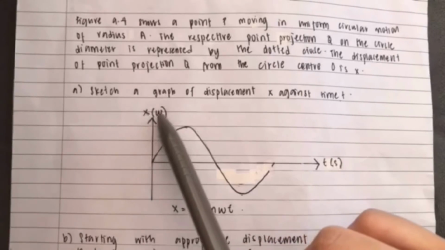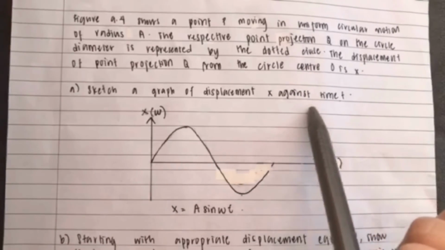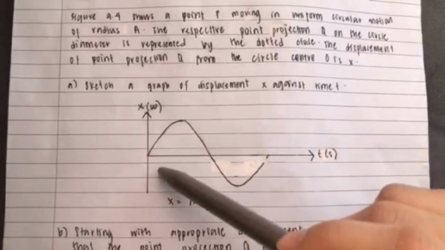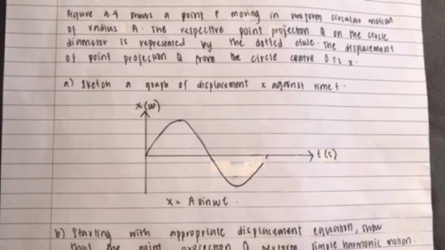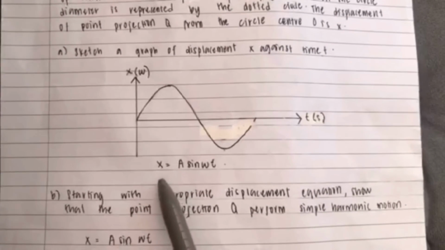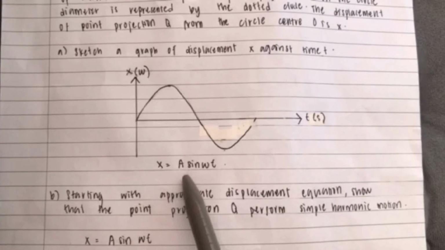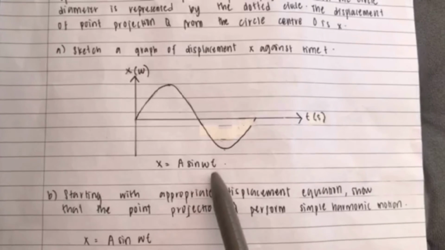A. Sketch a graph of displacement x against time t. First, we plot a graph of displacement against time t, and the equation is displacement equals to amplitude sin omega t.